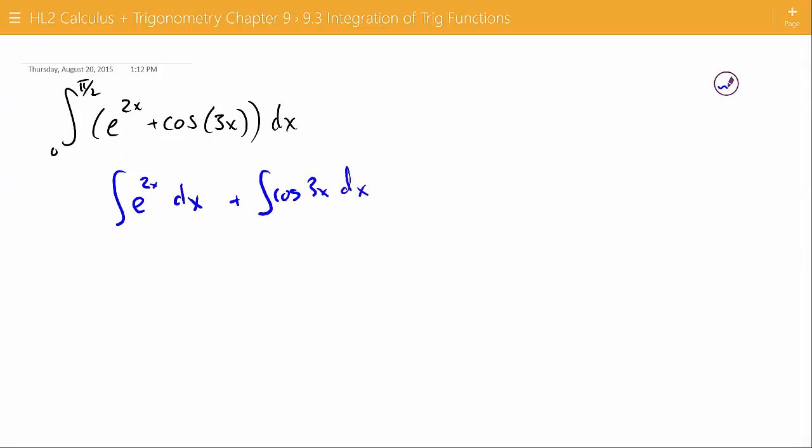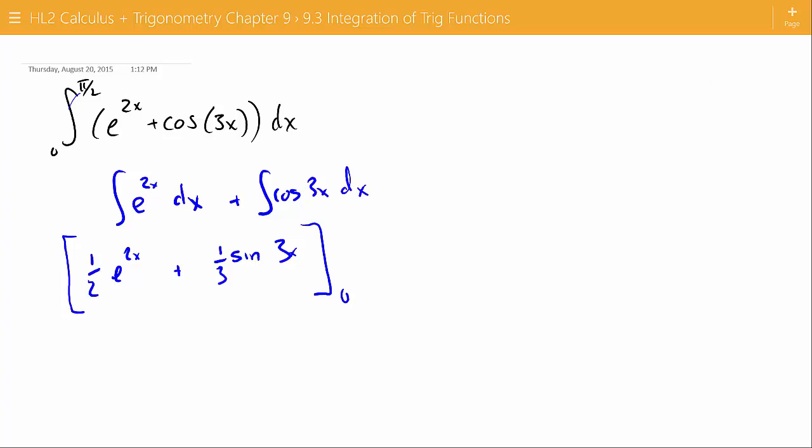And you should be comfortable with u substitutions. Each of these requires its own little substitution, but what we end up with is 1/2 e to the 2x plus 1/3 sine 3x. And these are the antiderivatives, and we don't use a constant of integration because we have limits of integration.